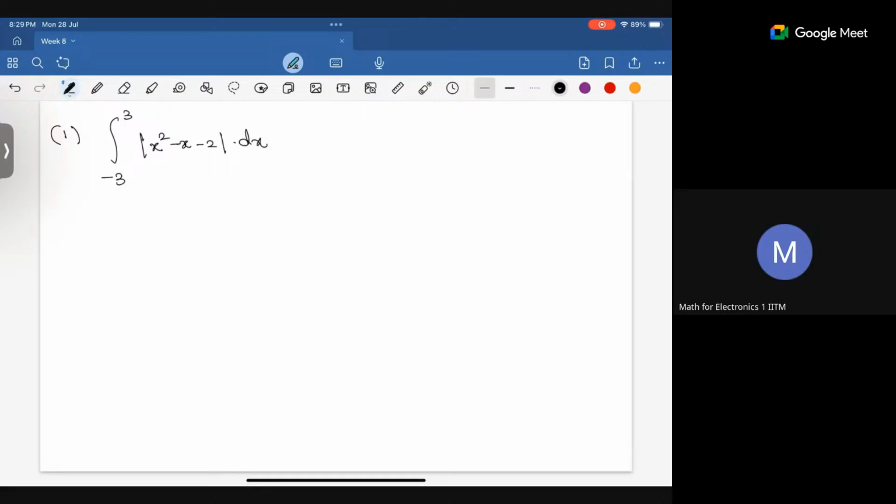Firstly, let's try to plot this so that we'll understand what kind of function this is: x square minus x minus 2, absolute value. Let's factorize it first.